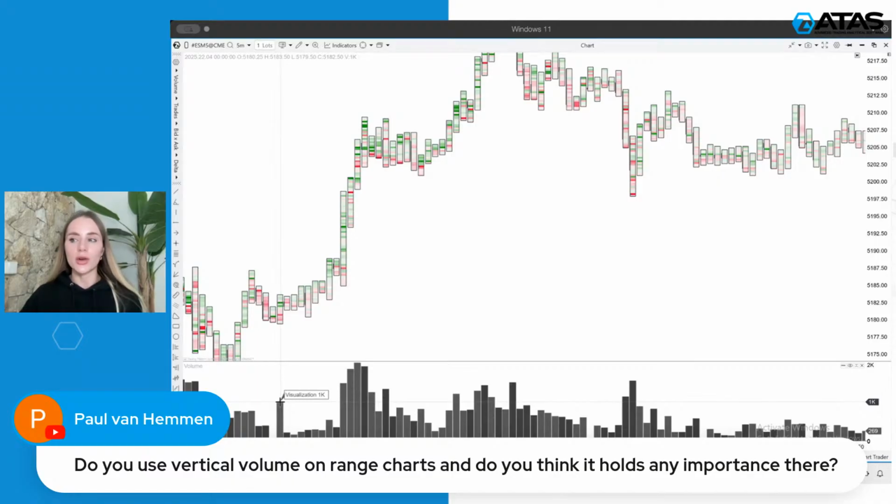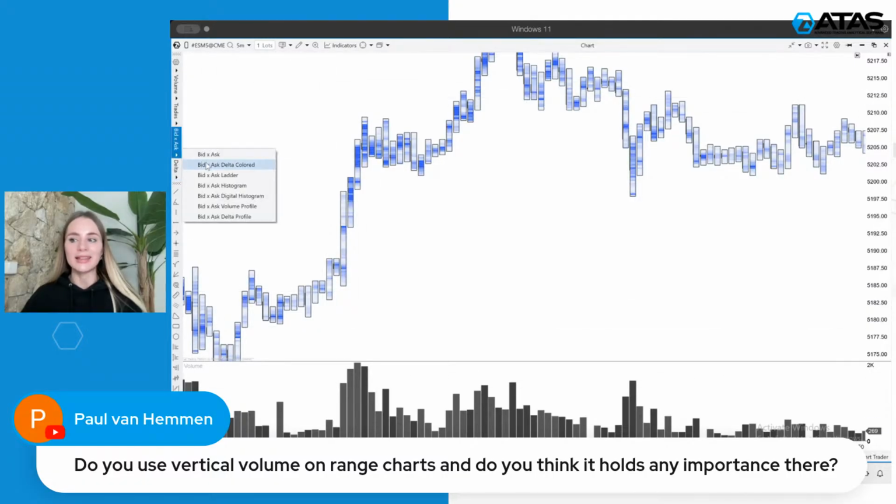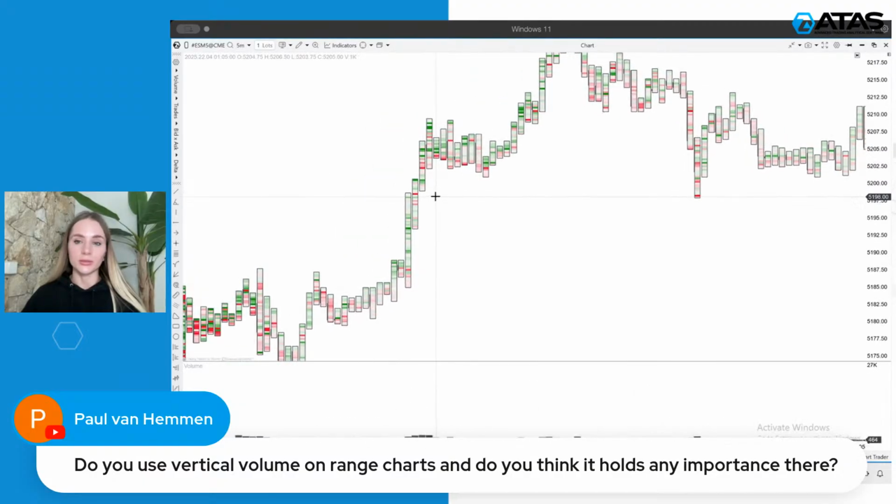If you are trading range-based charts, range XV, range X charts, it doesn't hold value there. Now you can still use the footprint, or for example, you can use the volume-based footprint when you trade range X, range XV charts, but not the volume indicator itself, because it's very unlikely to help you in this type of trading.